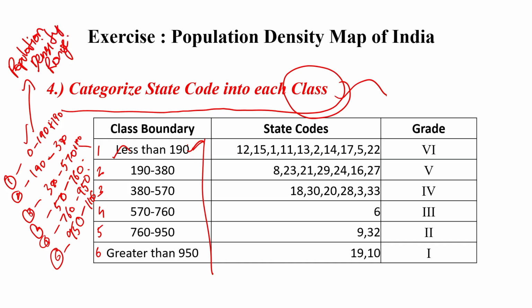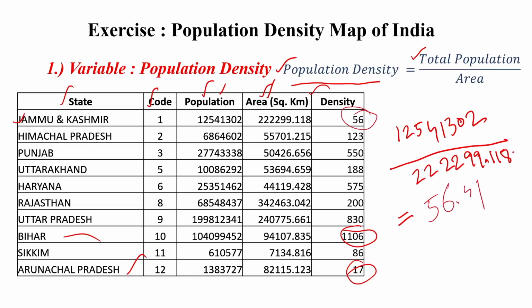I hope you understand that whatever work we are doing, we are working with the population density data. The highest value, lowest value, everything I am taking from the population density. I am creating the number of classes, then going for the class interval, and after the class interval I am trying to categorize this data.